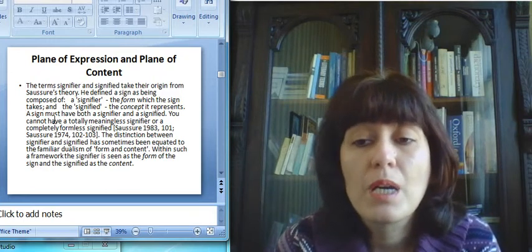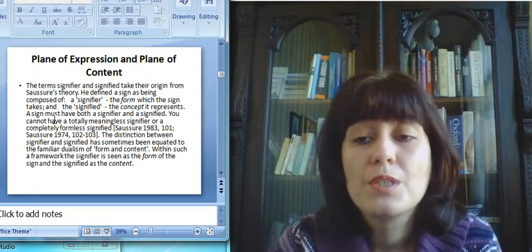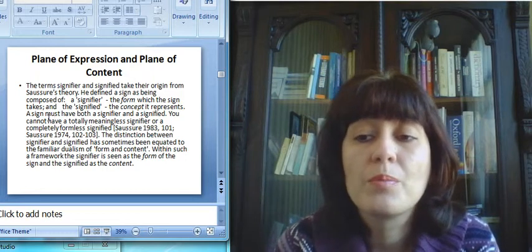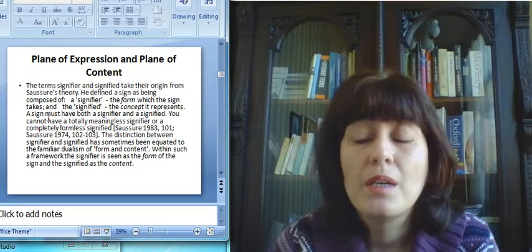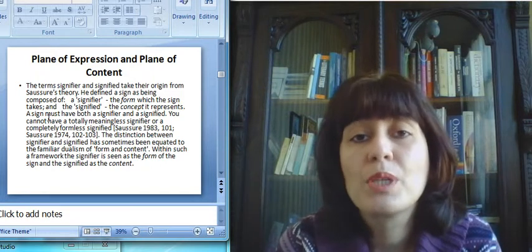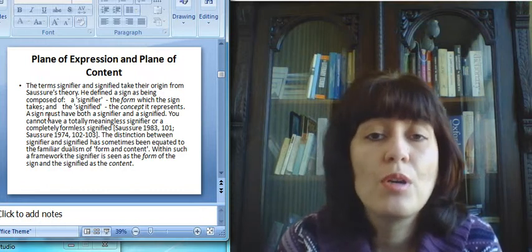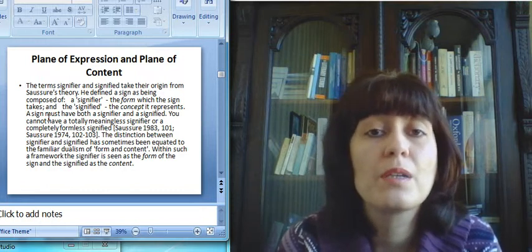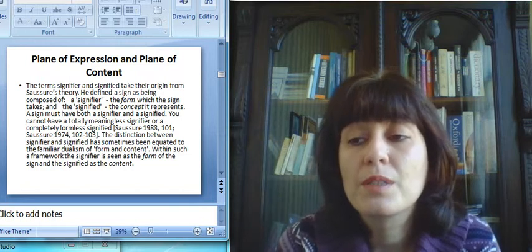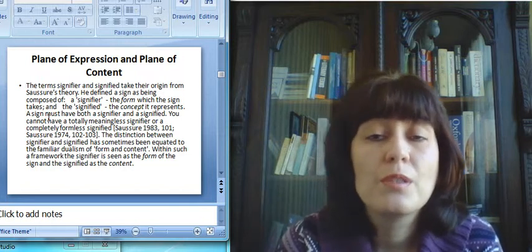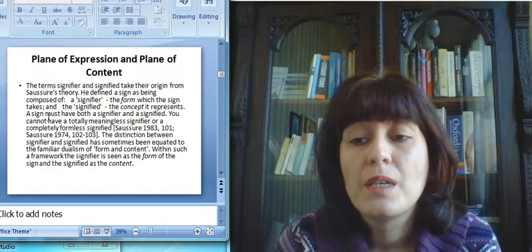So according to Saussure, let me remind you that a sign must have both a signifier and signified, and you cannot have a totally meaningless signifier or a completely formless signified.